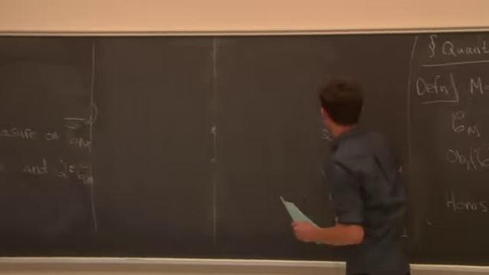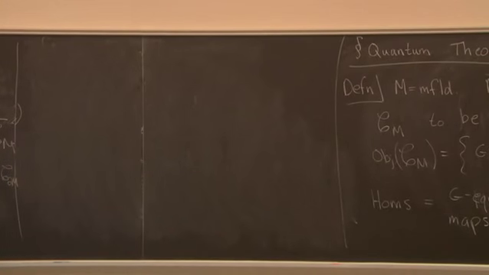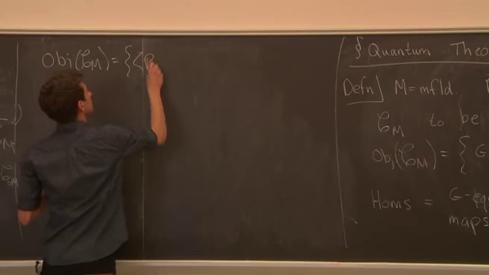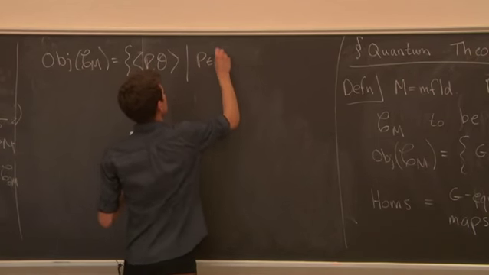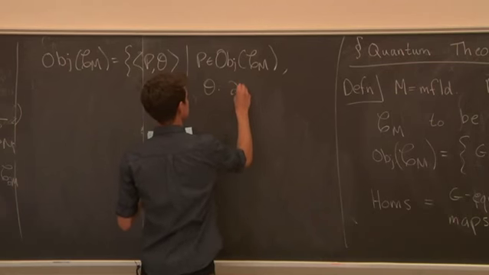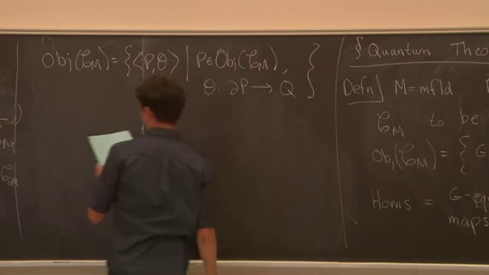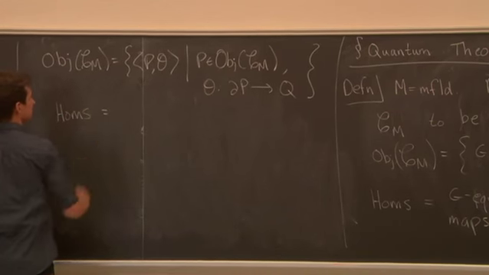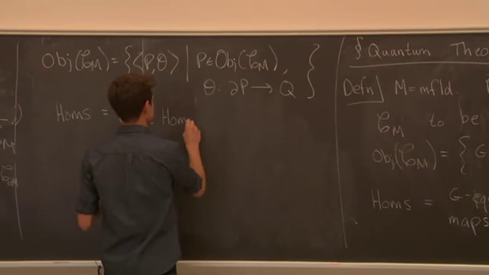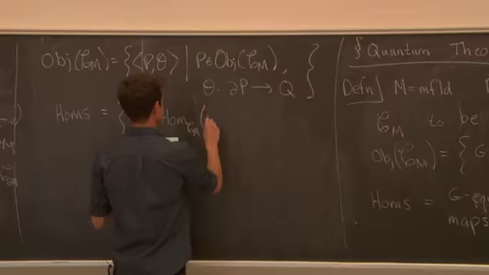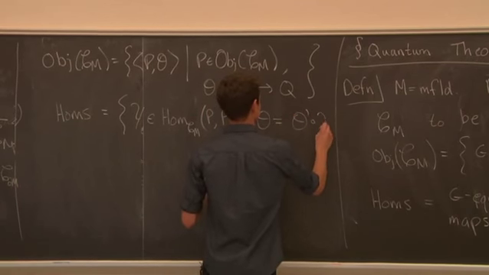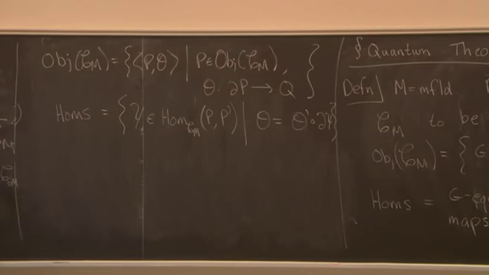The objects are going to be G bundles over M with some isomorphism from the boundary into Q. And our morphisms, you guessed it, are just these morphisms in the category where we forget the data of the boundary map, but we still want these morphisms to respect this boundary data.